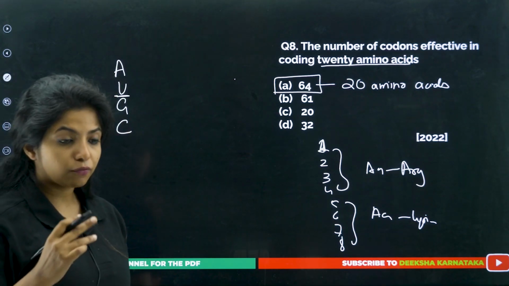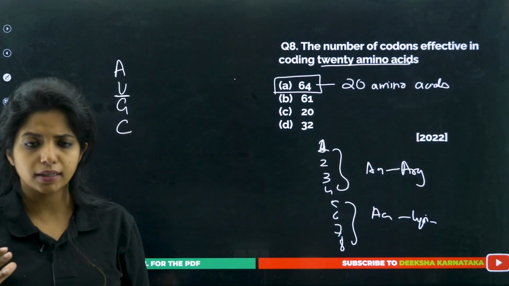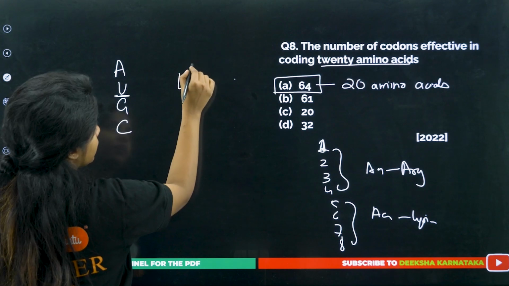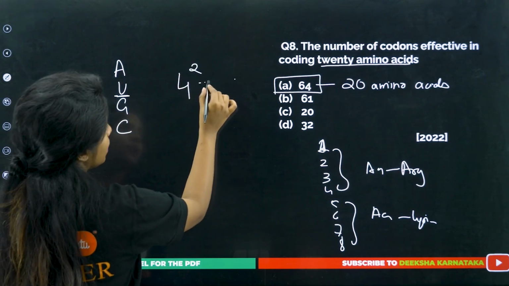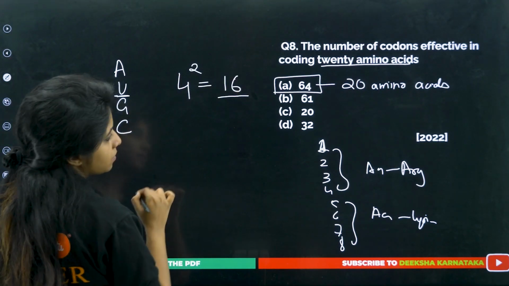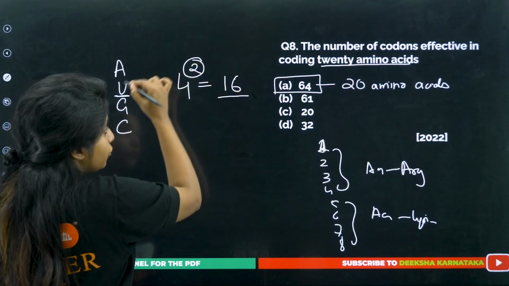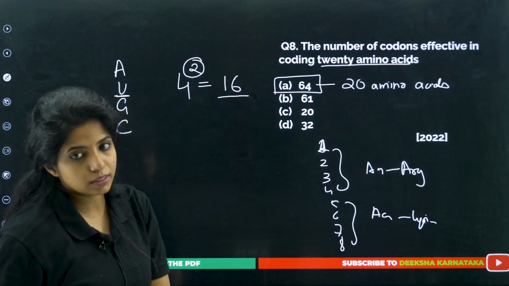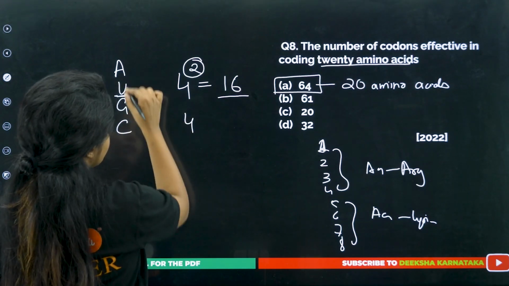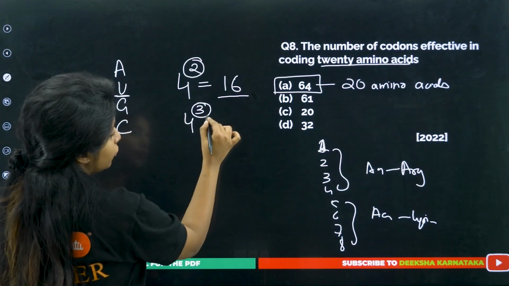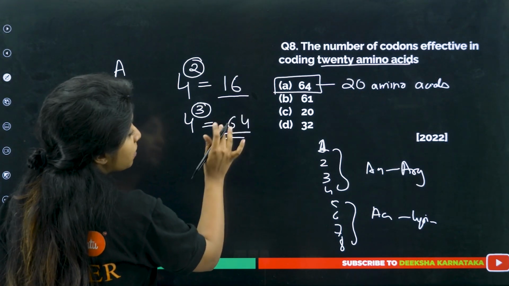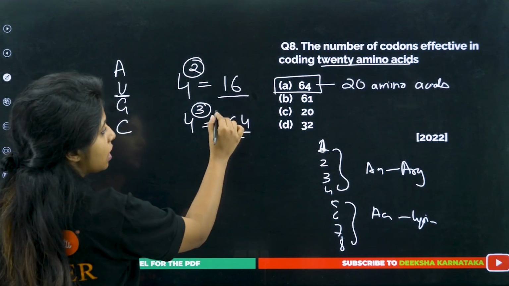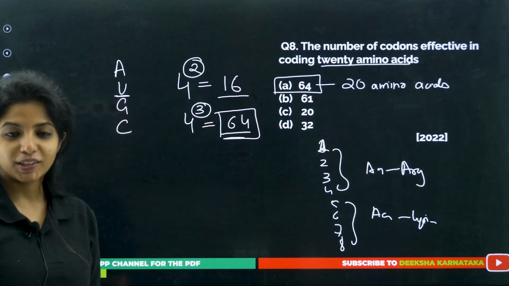If you want these 4 to code for 20 amino acids, and they come in pairs of 2, I will be able to make only 16 amino acids, which is quite less. I have to make 20 amino acids. So if they make a triplet, 4 to the power 3 is 64. Now it might be more than 20, but as I said, the codons can code for the same amino acid. This is how we came to the conclusion.